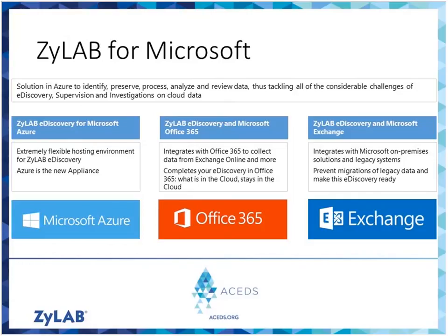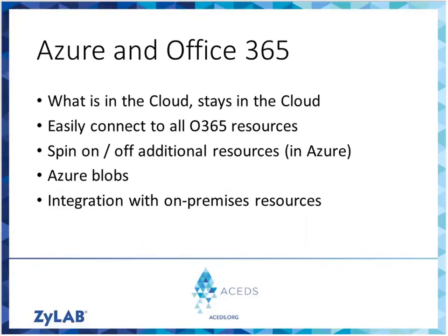Because in the next 10 years, the reality is that we'll probably live in a hybrid world where part of it is in the cloud, in Office 365, and a lot of other data is either still in legacy systems or in on-premise solutions from Microsoft Exchange. And when you're involved in an investigation or in eDiscovery, you need to deal with all the data sources, whether you like it or not.